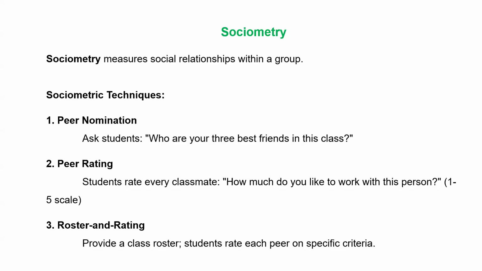Students rate every classmate. How much do you like to work with this person? The scale you give is 1 to 5. That is another way. Rostering and rating: provide a class roster to rate each peer on specific criteria.